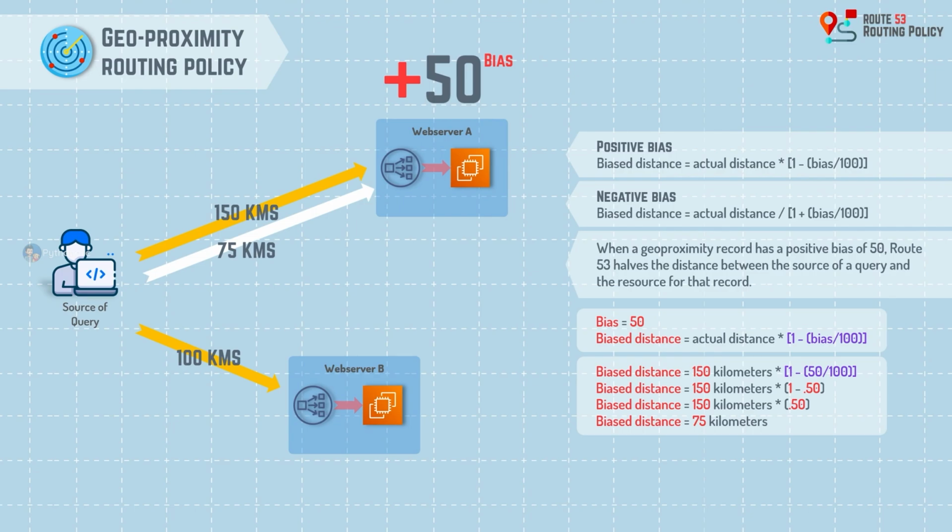So for example, a website owner wants to direct traffic to a server that has more available capacity or is better optimized for a certain type of request. So even if it is not the closest one, by using bias, they can prioritize that server over others and ensure that traffic is directed to it as much as possible, while still taking proximity into account.